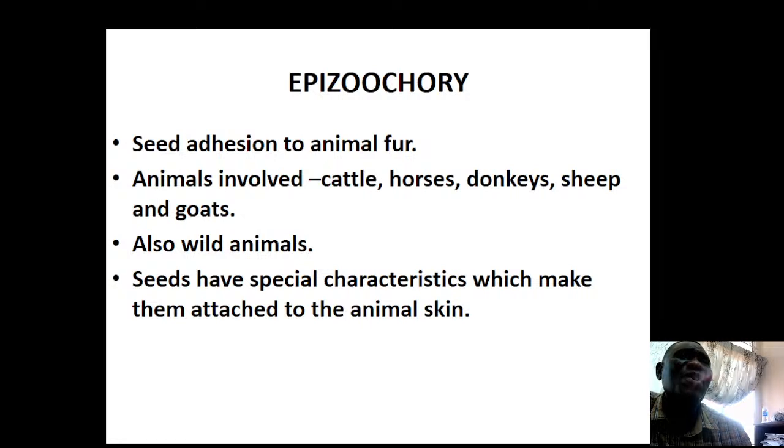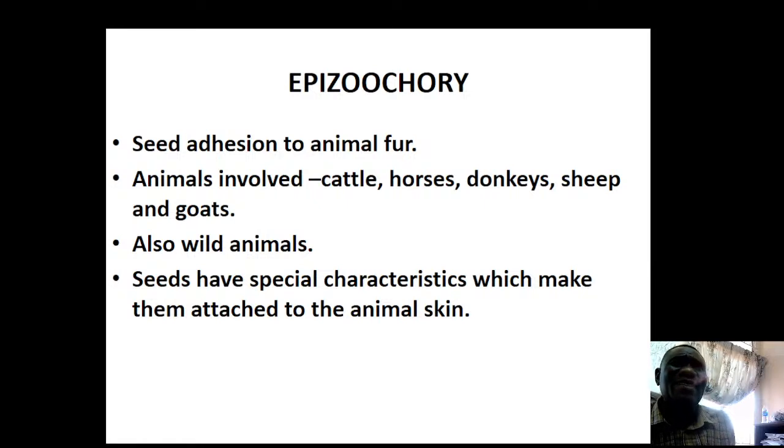The animals involved are things like cattle, horses, donkeys, sheep and goats, which are commonly used in smallholder farming areas and can roam about the fields as they graze. During this period, they also move around with seeds.